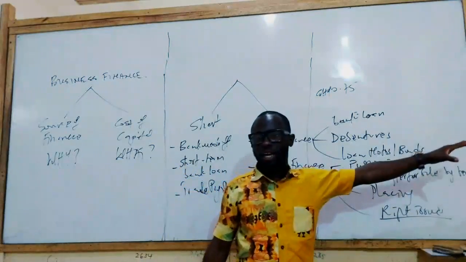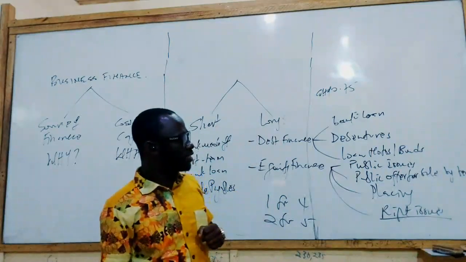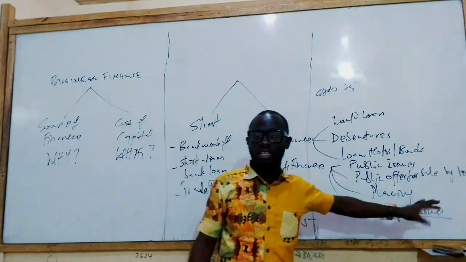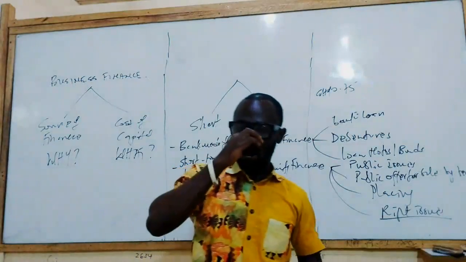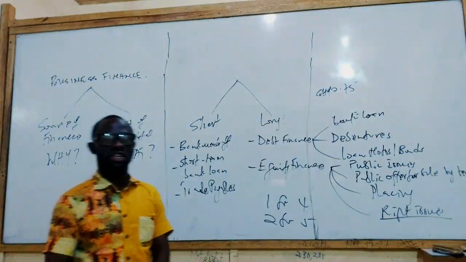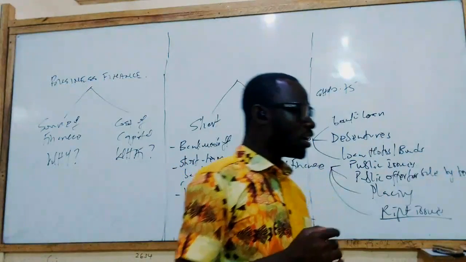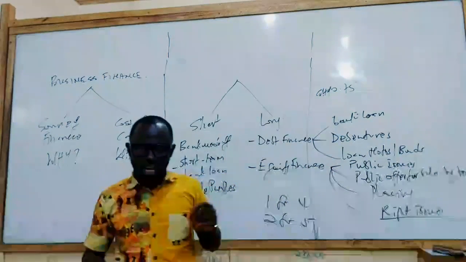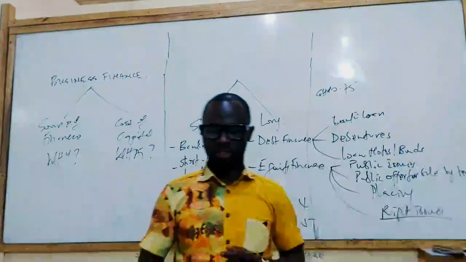It can do a public issue, a public offer for sale by tender, it can undertake placing, or it can make a right issue where the shares are issued to the current shareholders in their current ownership ratio. Okay, so this is the option available to listed or quoted companies.